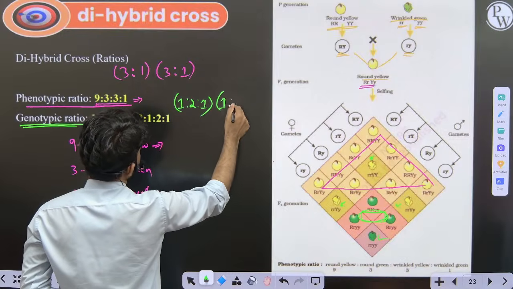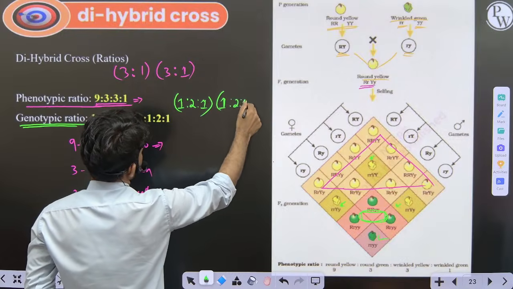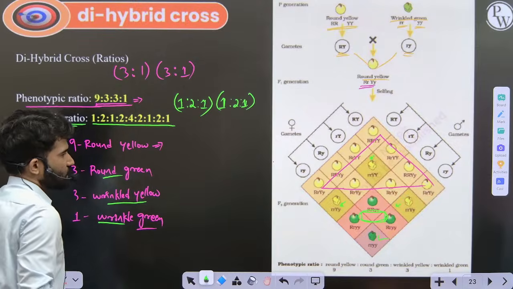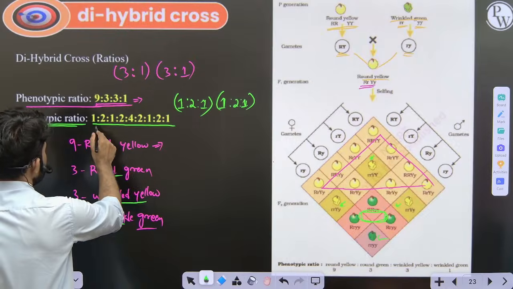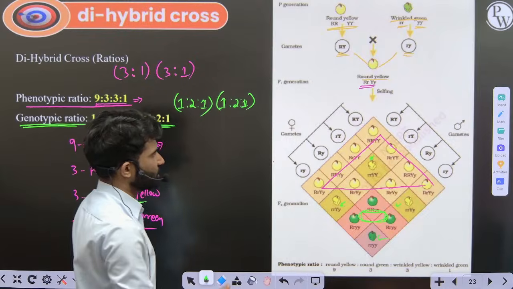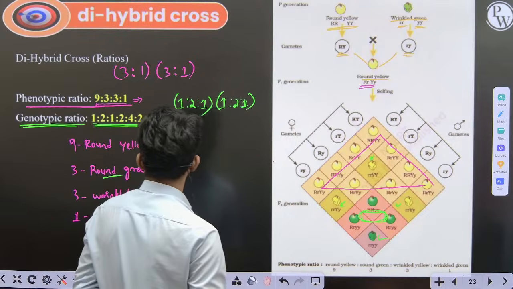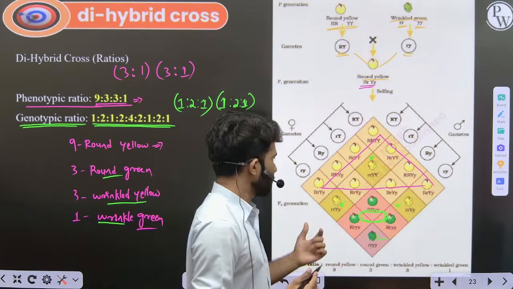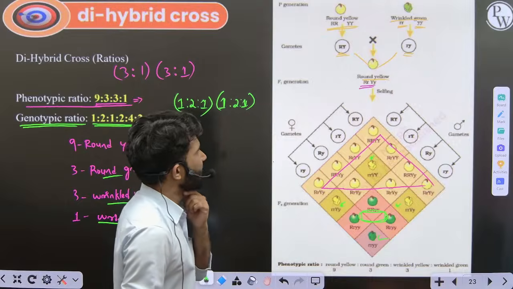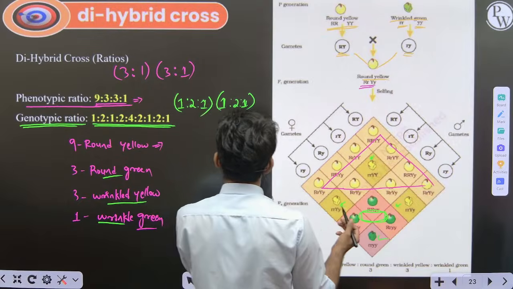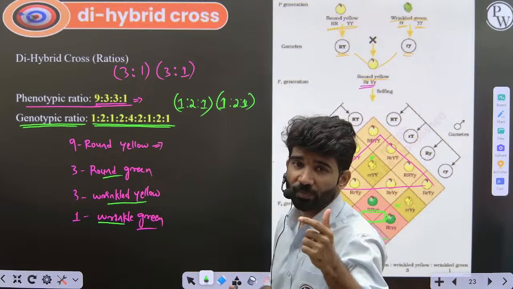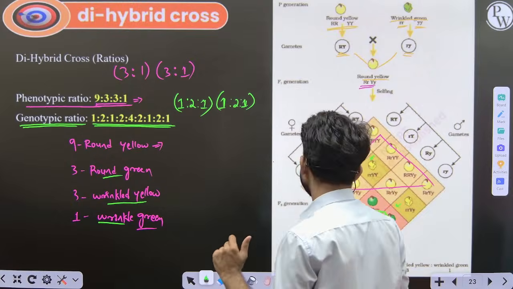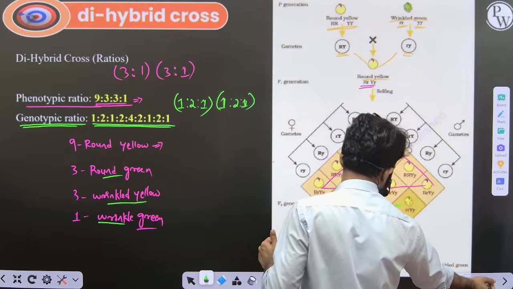It is a dihybrid plant where two different characters are taken, and all the remaining characters remain the same.